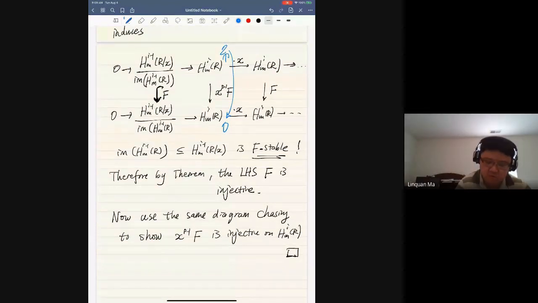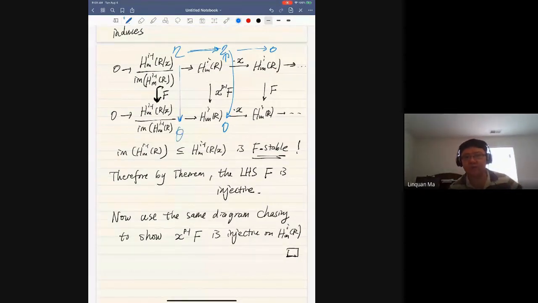But after you assume this is in the socle, it maps to 0 because this map is multiplication by x, right? Once you know this maps to 0, it's coming from something inside here. So this eta is really coming from the left-hand side. Whatever this module is, it has an image, let's say it's theta.